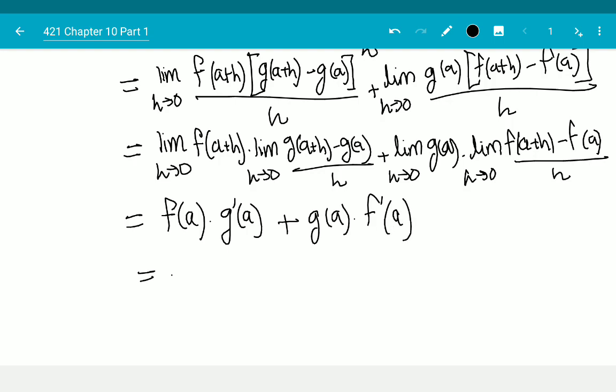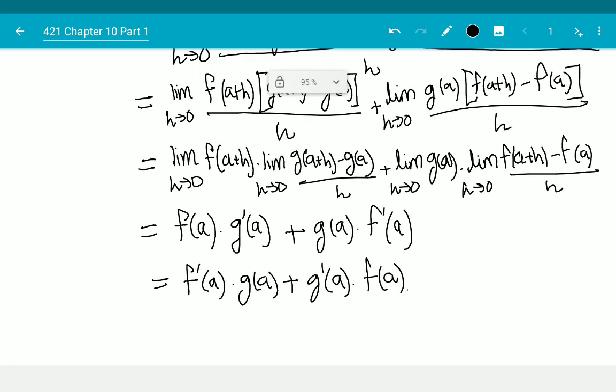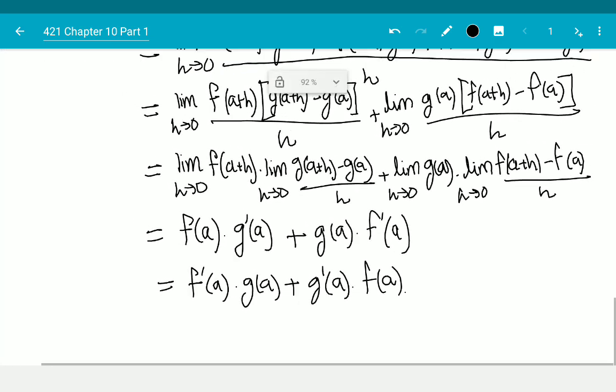Or alternatively, this is f prime of a times g of a plus g prime of a times f of a. Whichever one you want to write it as, whatever makes you feel more comfortable. Either form is perfectly fine. Okay? That is number 2.